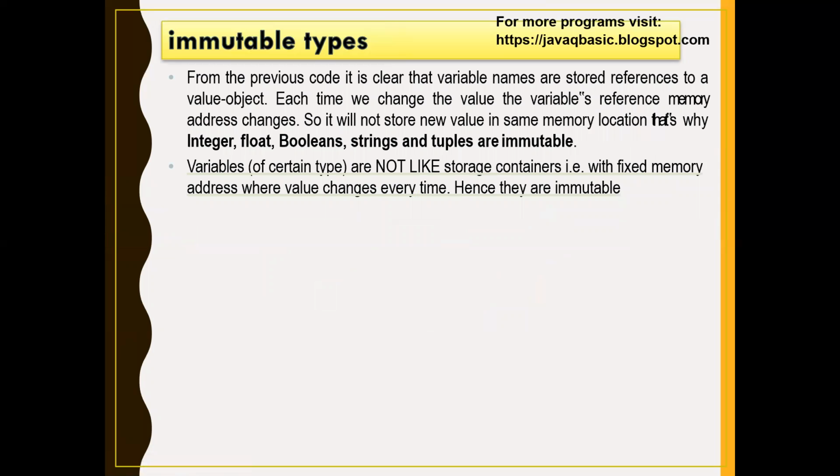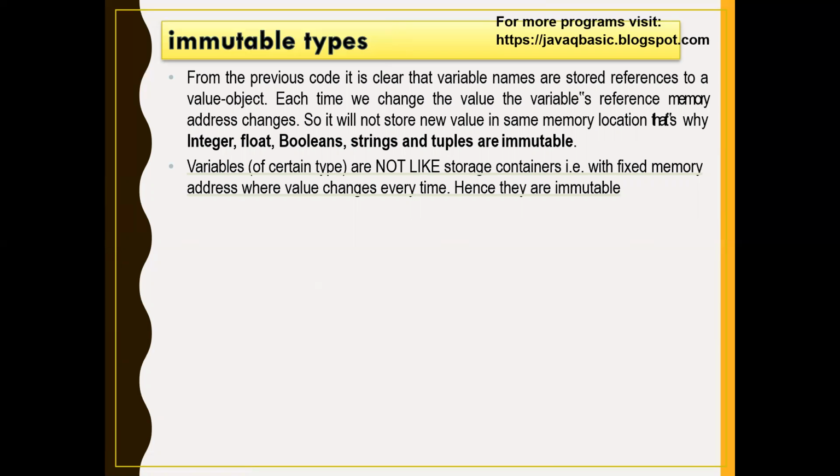From the previous code, it is clear that variable names are stored references to a value object. Each time we change the value, the variable's reference memory address changes. So it will not store the new value in the same memory location. That is why integer, float, boolean, strings, and tuples are immutable.